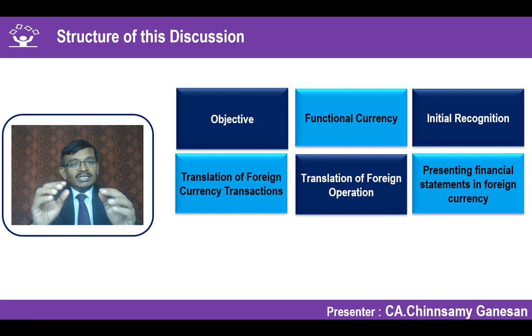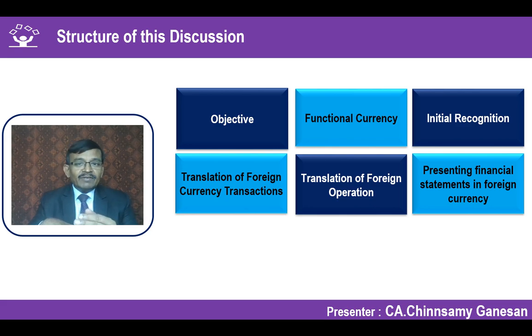In simple terms, if you are going into the standard, the bullets 4, 5, and 6 is what we are going to do. If there is some transaction which has happened in foreign currency, how it has to be translated to the presentation currency. If I have made an investment in a foreign operation, how it has to be translated in the standalone and consolidated financial statement and in accordance with the presentation currency.